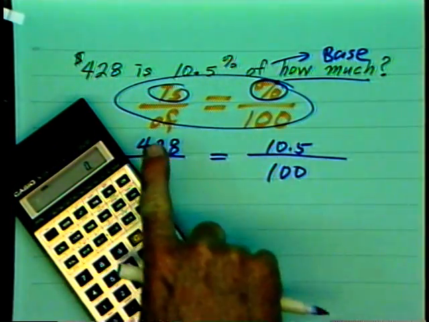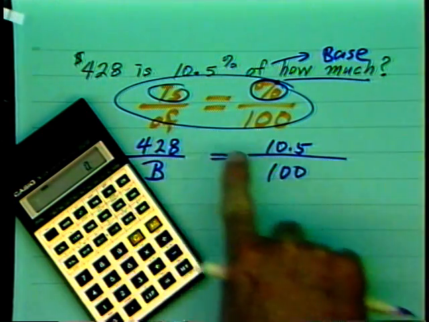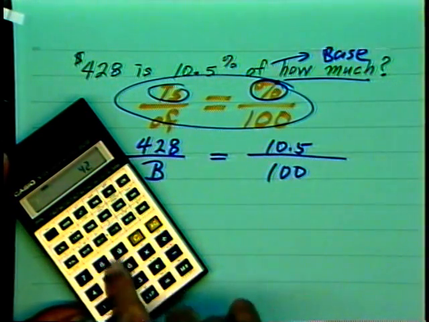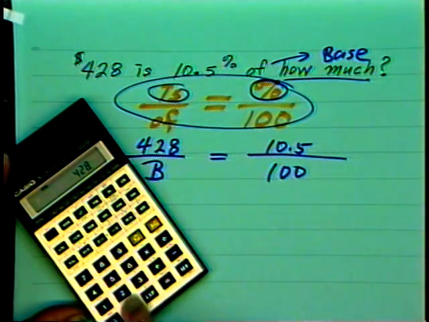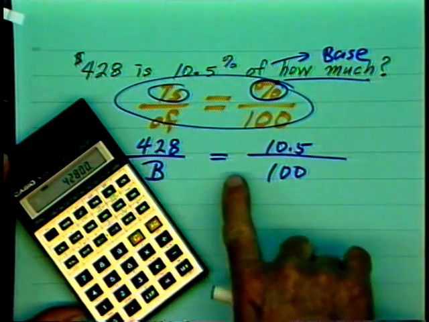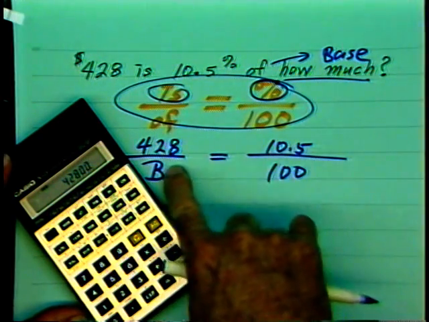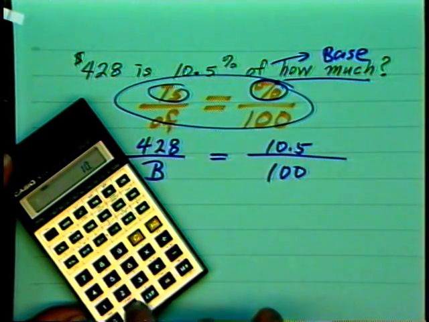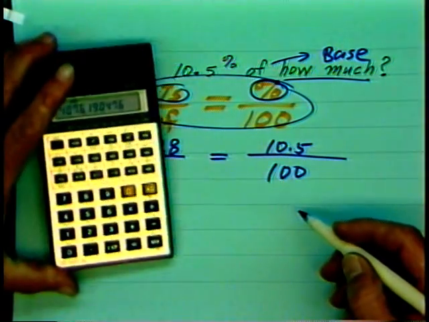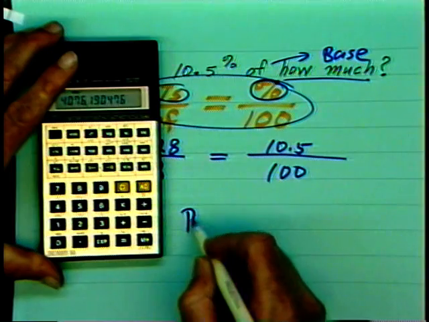Then by using our calculator shortcut approach, again, we multiply the 2 on the diagonal without the variable, and we can do that mentally. 42800. Then divide by the number on the diagonal with the letter, which is 10.5, equals, and then find out how accurately this is to be rounded.